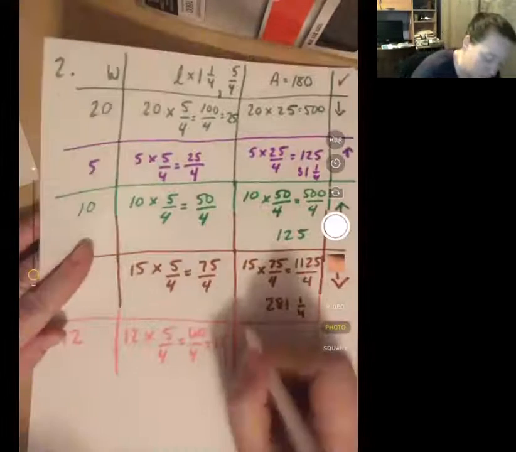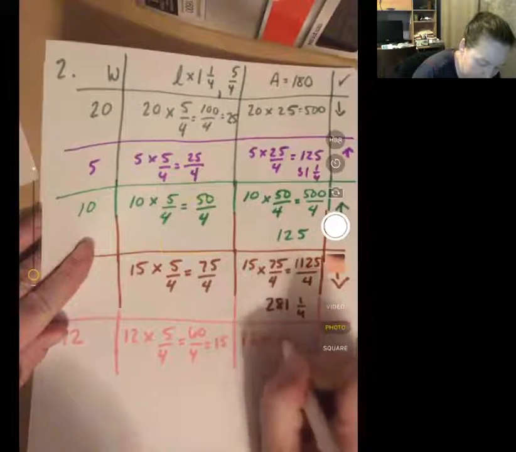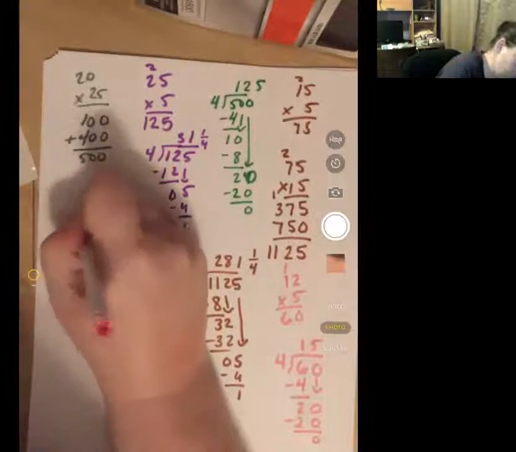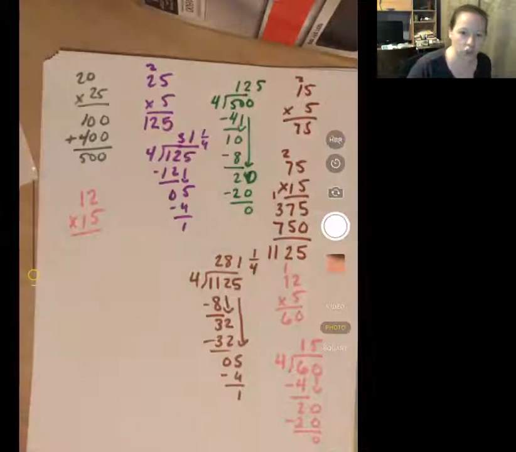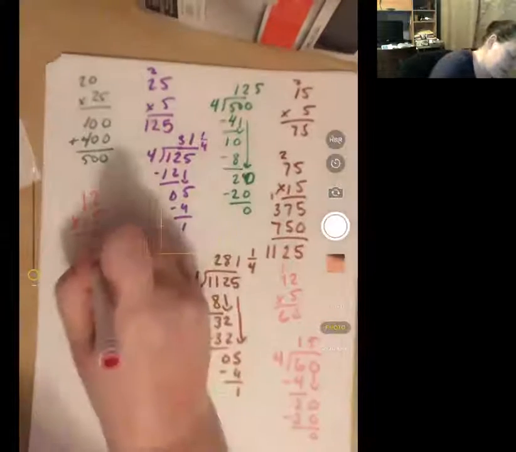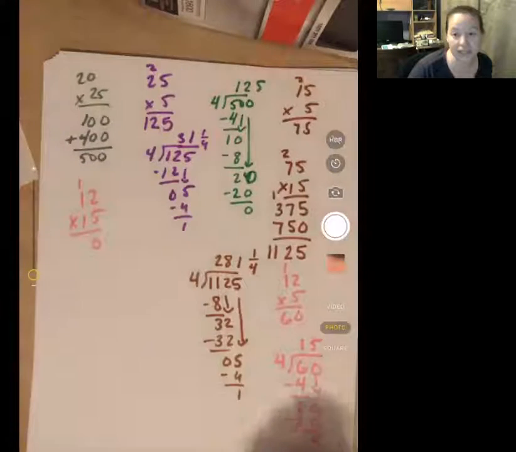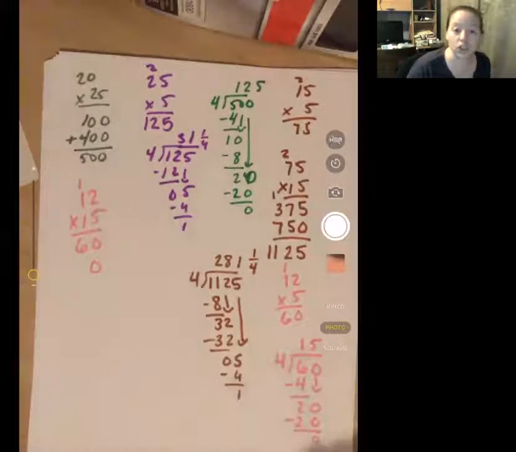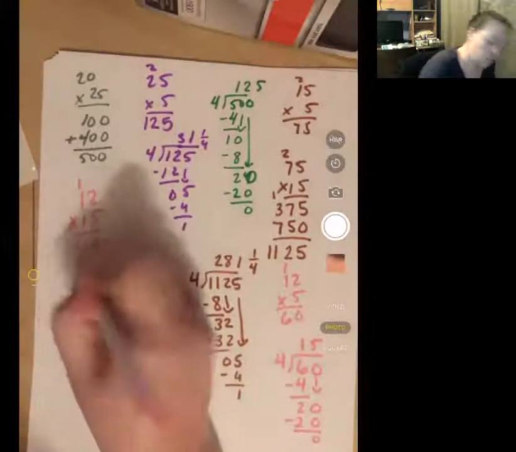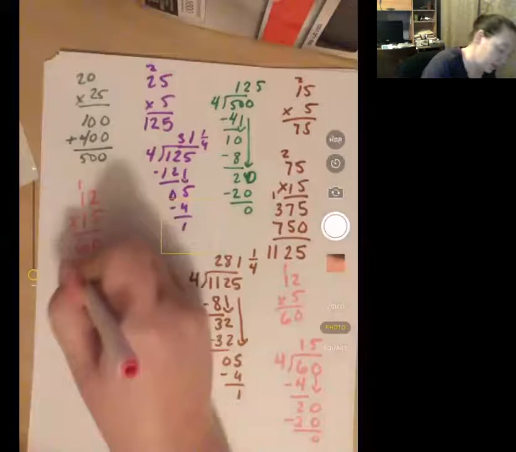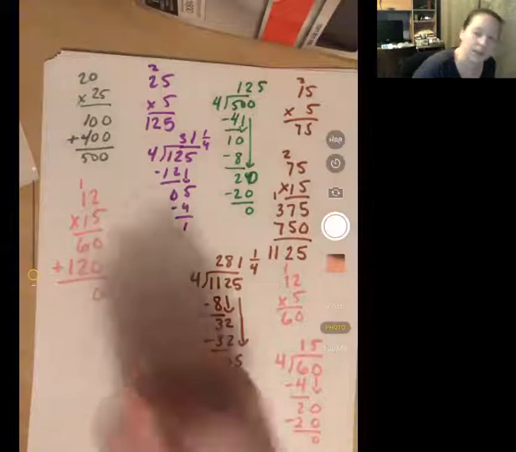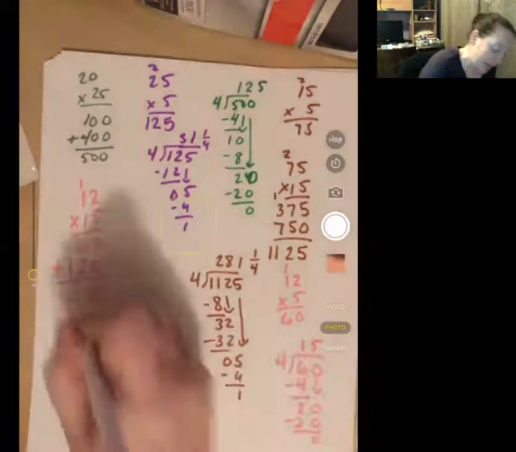So I now have 12 times 15 equals, what is 12 times 15? 2 times 5 is 10. 5 times 1 is 5, plus 1 is 6. Placeholder. 1 times 2 is 2. 1 times 1 is 1. Add it together. 0 plus 0 is 0. 6 plus 2 is 8.